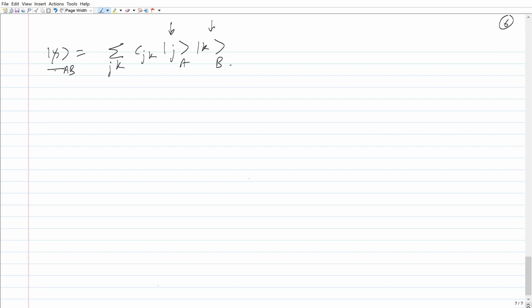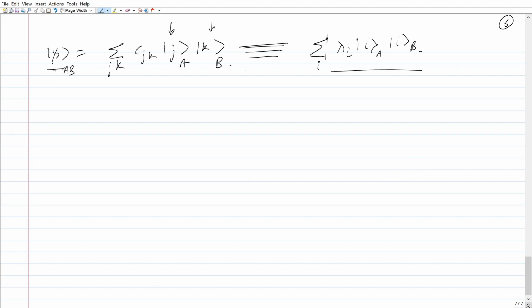Now, the essential feature of the Schmidt decomposition is that this state is equivalent to a sum over the same index, a tensor product over two Hilbert spaces.